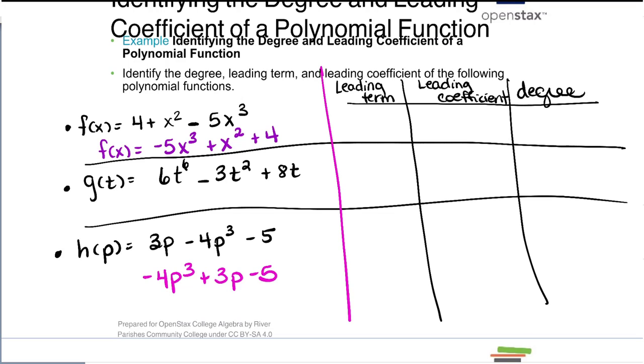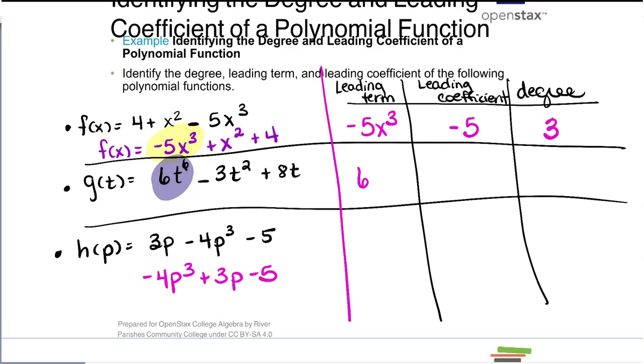Okay, so for the first one, the leading term is the term that has the highest exponent, the highest degree. So that would be negative 5x to the third. The coefficient would be negative 5, and the degree would be 3. For the second one, we have 6t to the sixth.